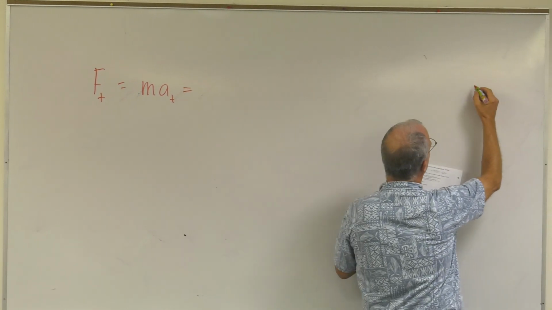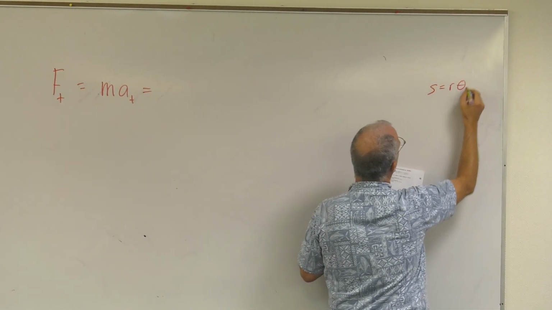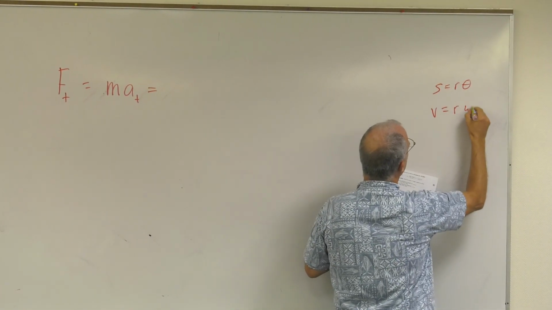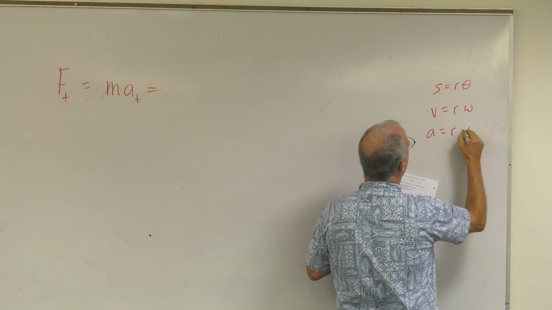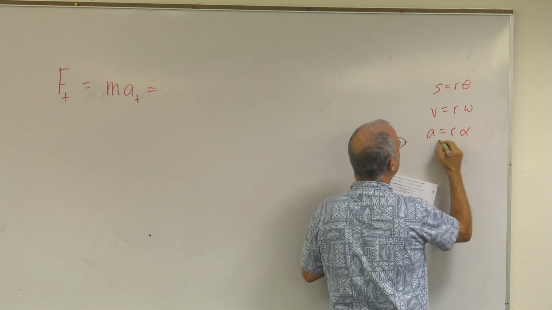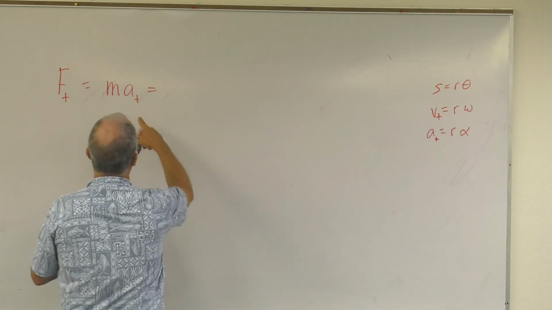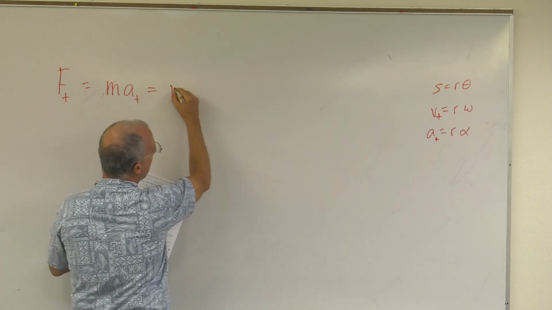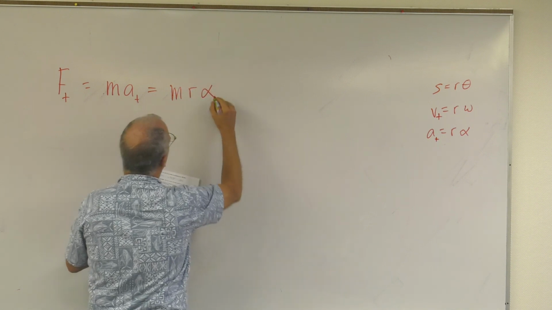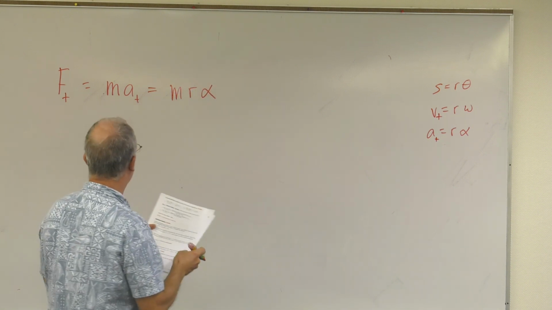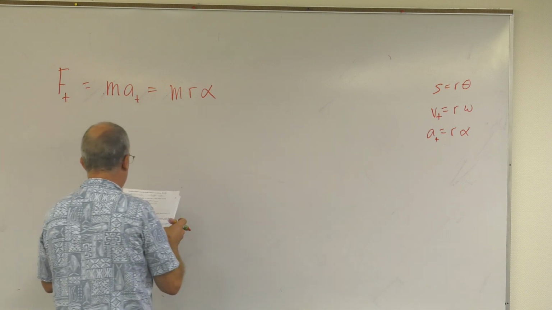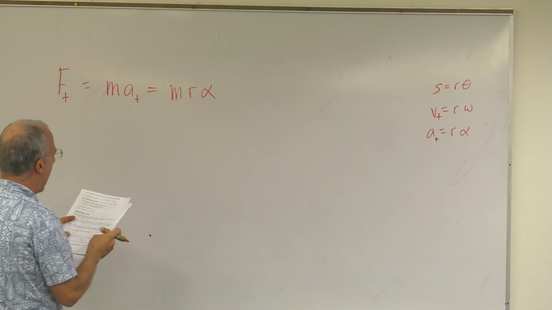Earlier we learned s equals r theta, v equals r omega, a equals r alpha. And if you want to put little t's there, you can. You don't really have to. All right, let's substitute for a_t. So we have m r alpha. Okay, that's cool.